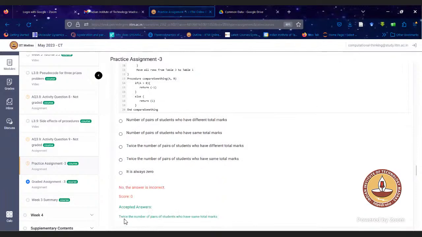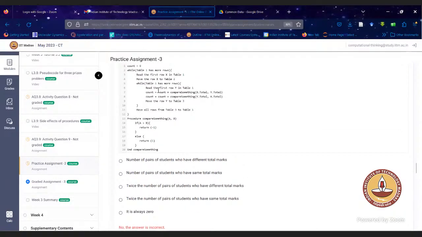Okay, the answer is twice the number of pairs of students who have the same total of marks. The catch here is, what if the students have equal marks? In this scenario, if that is true, it will always return 1.